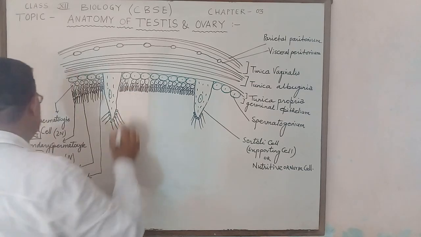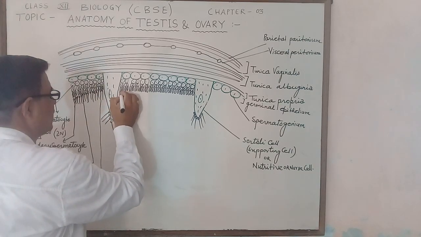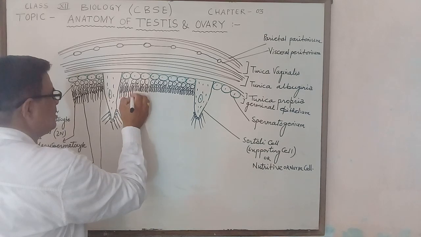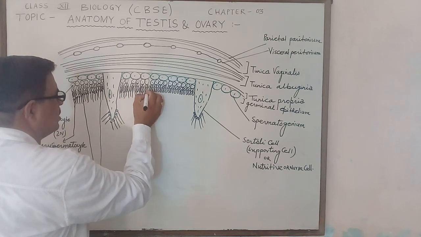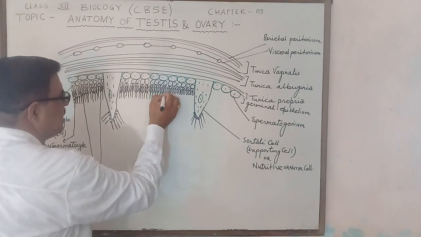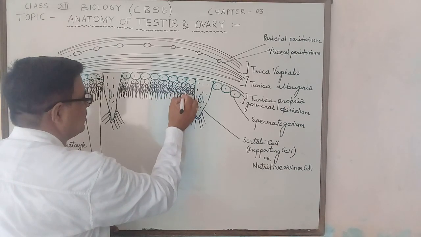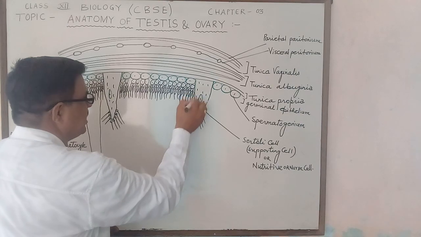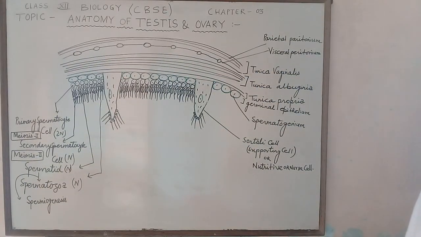Here each spermatid produces the motile structure spermatozoa, which is attached to the Sertoli cell. Hence, the Sertoli cell is called a nutritive cell, or sometimes a nurse cell.